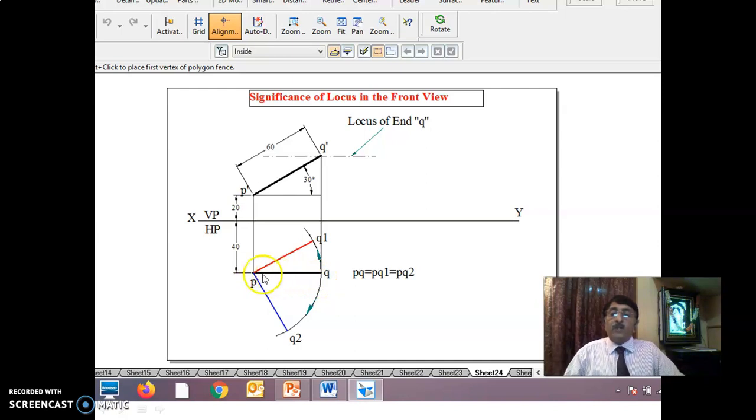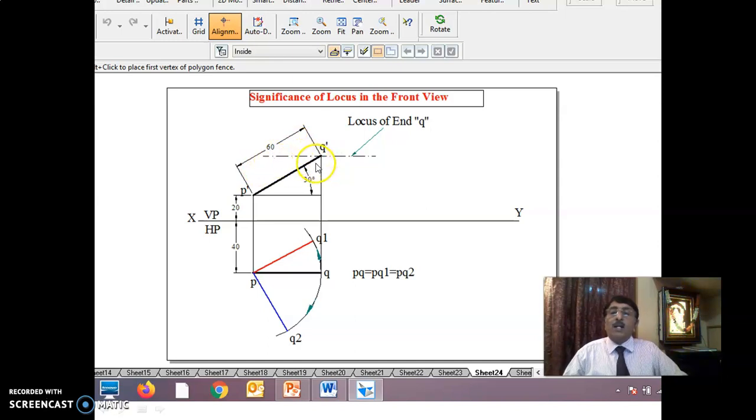I've already told you if a view of a line is parallel to XY line, the corresponding other view should be true length. Since end P and end Q are the same distance in front of VP, it has to be parallel to VP. That means P dash Q dash is in true length, that is the actual length of 60 mm only.